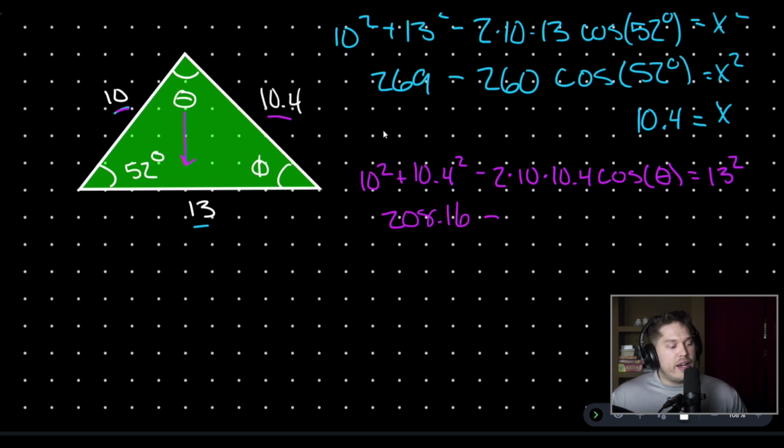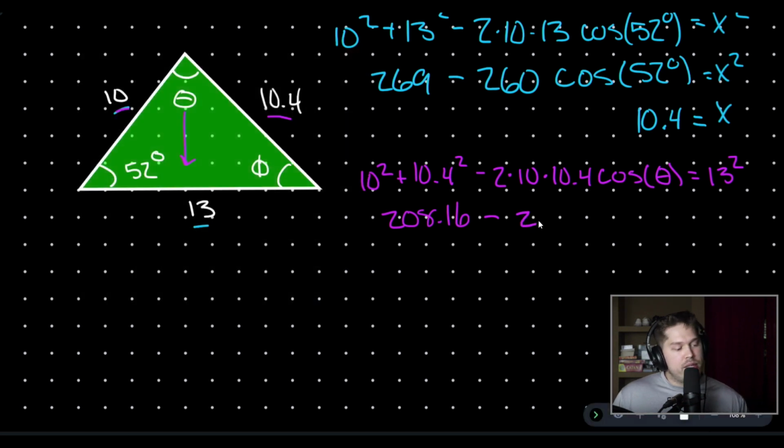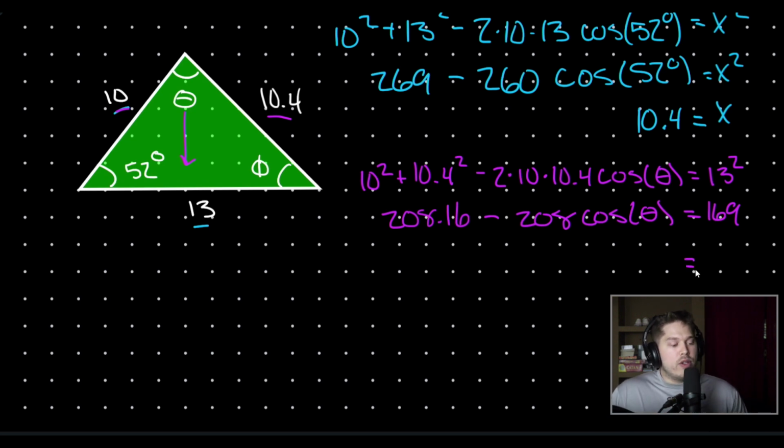Minus, and I also don't know what this is, so let's just go to the calculator. We have 2 times 10 times 10.4. That's 208. Okay. So minus 208 cosine of theta equals 169. Now we can subtract 208.16 from both sides.